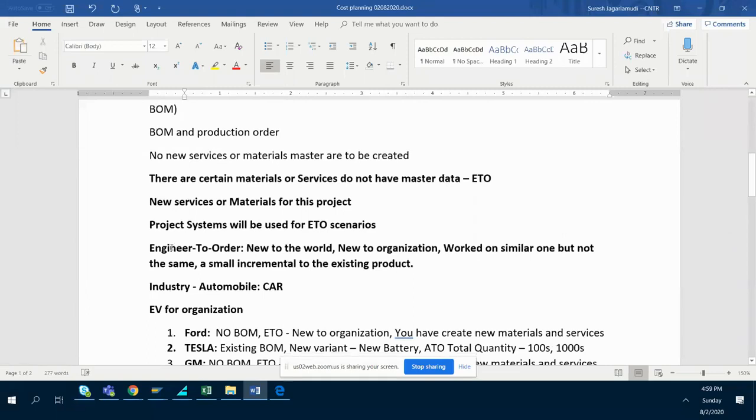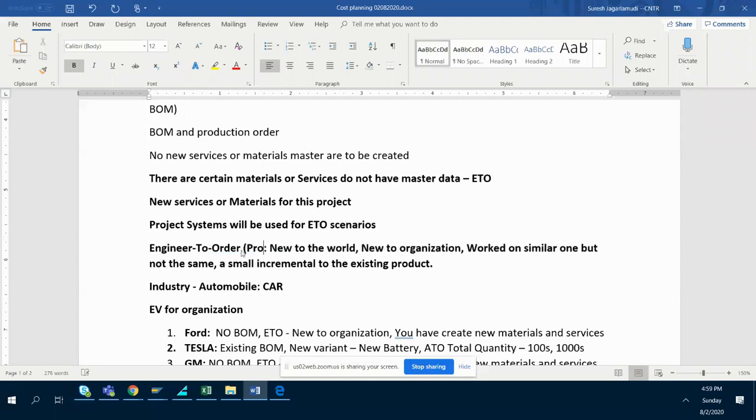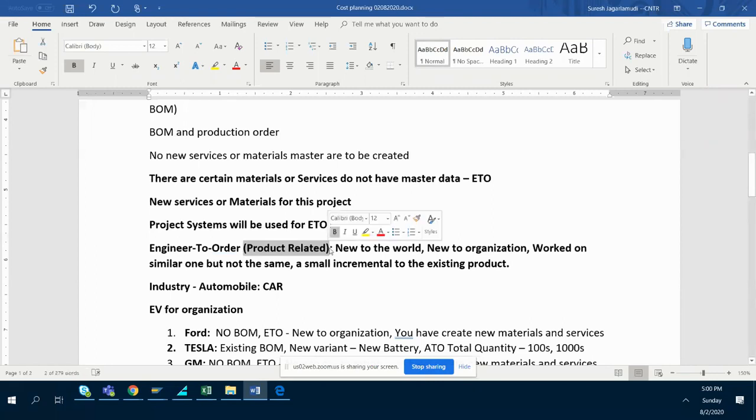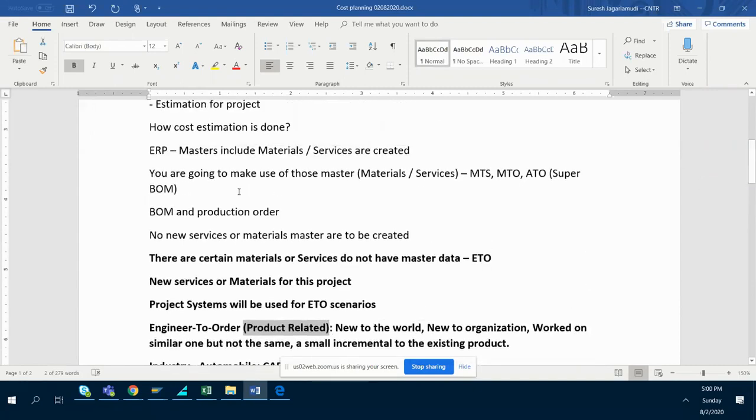All these are product related. All these service masters we are talking about are product related, not project related. We'll come to that one.